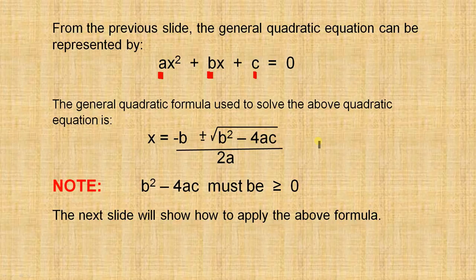So b squared minus 4ac must be greater than or equal to 0, and then the answer will be a real number. It might be an irrational number, but that doesn't matter. It will exist on the number line. So this is very important to note here. That stipulation is crucial. The next slide will show how to apply the above formula.